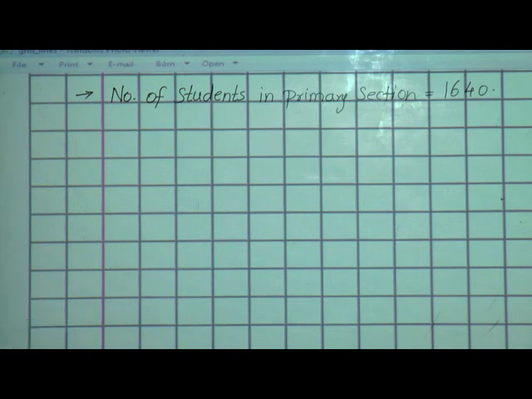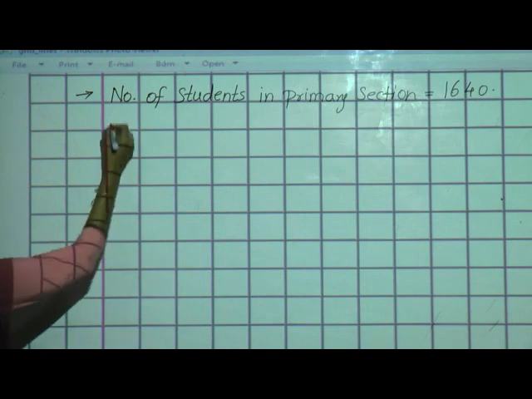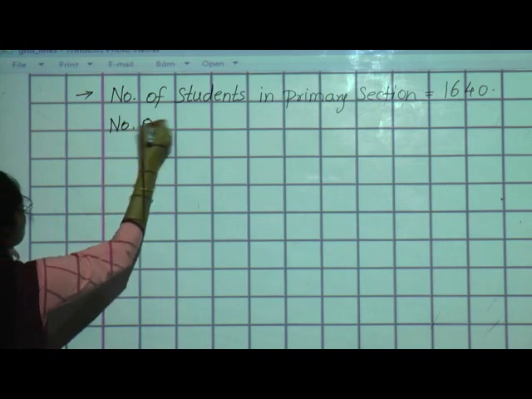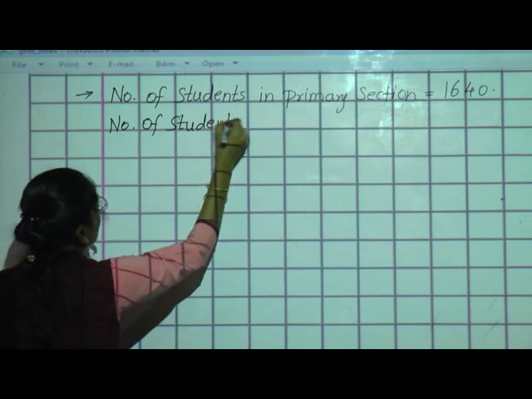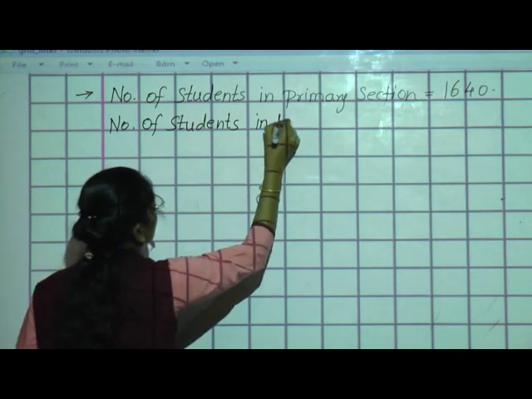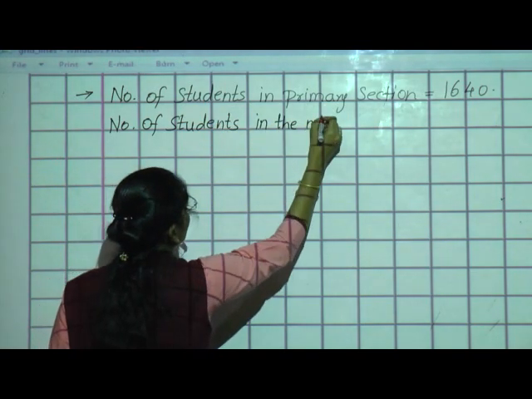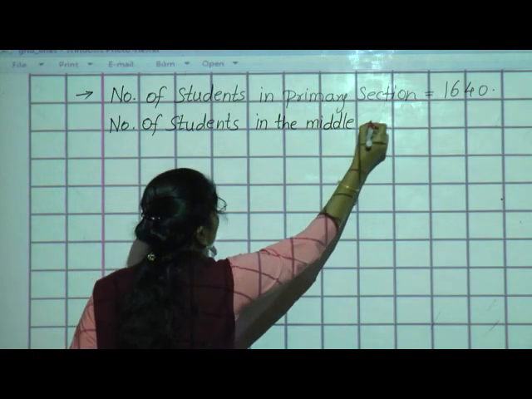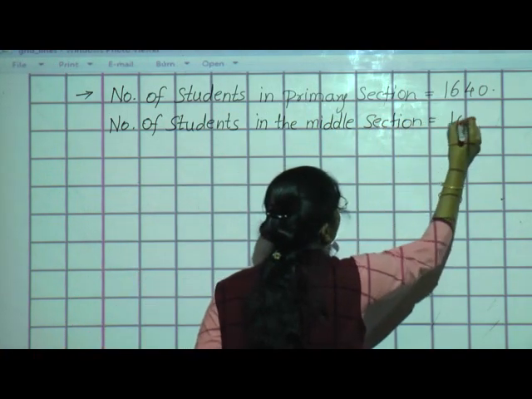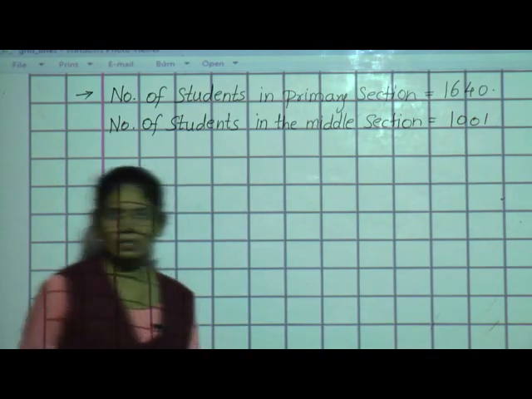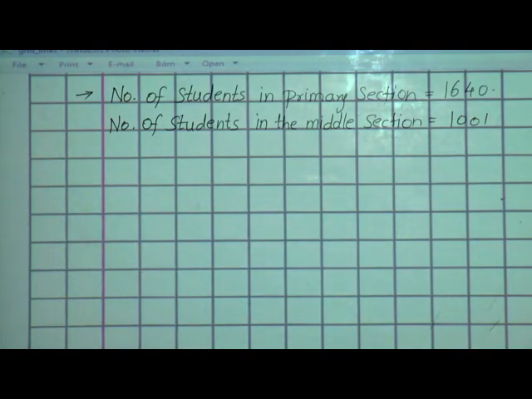1001 students in the middle section. So the number of students in the middle section is 1001, and 348 students in the secondary section.